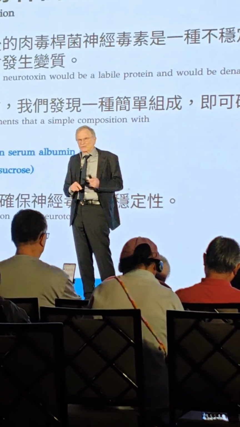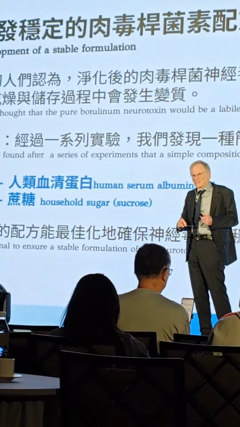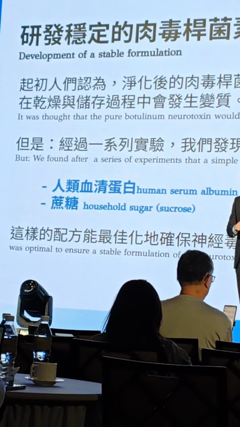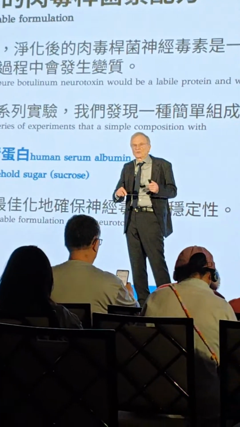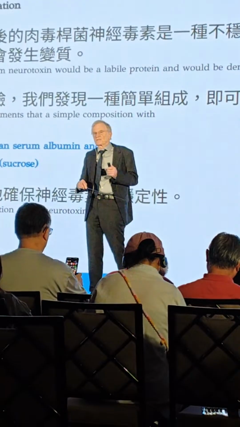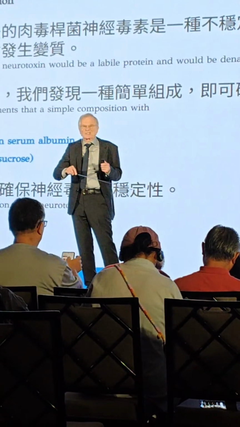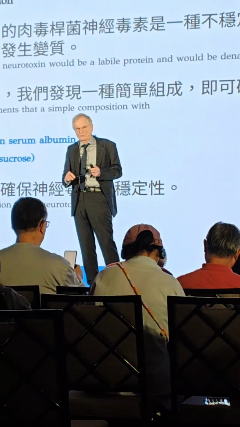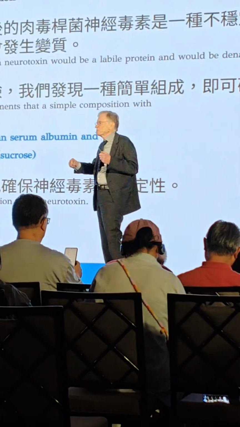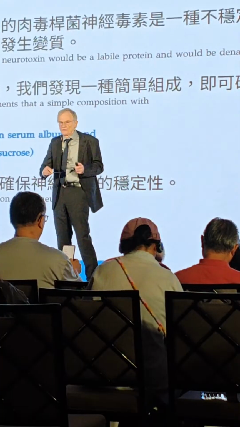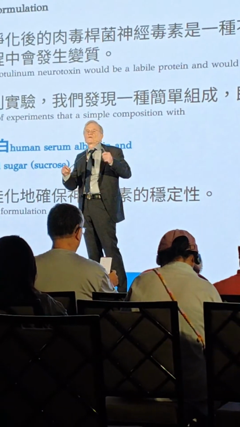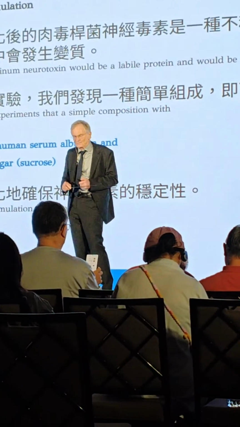So it took a long time and a lot of work to develop a stable formulation. At the time it was thought that the pure neurotoxin is not stable without the complexing proteins. I was not of that opinion. I thought it must be possible to manufacture a pure neurotoxin without all the other complexing proteins.